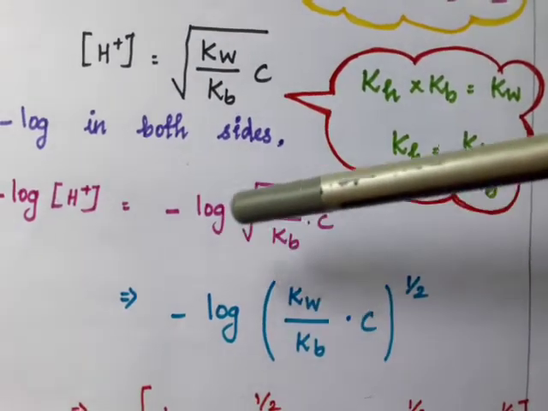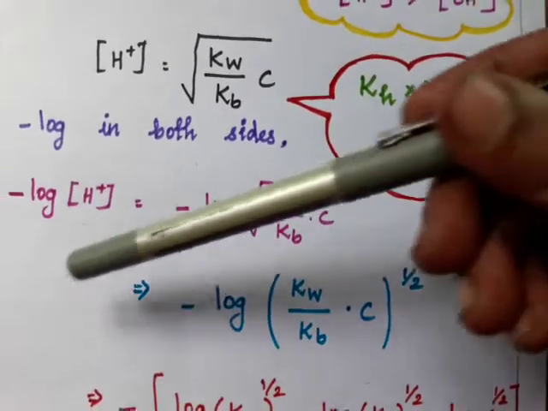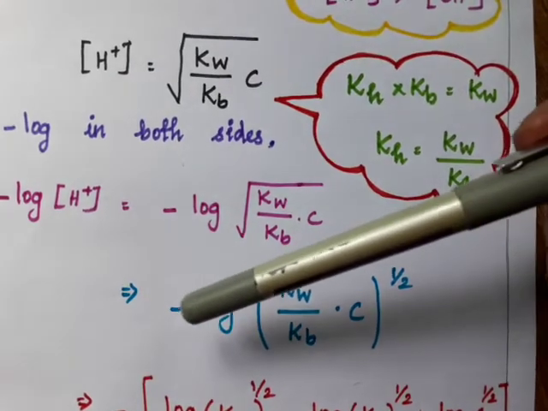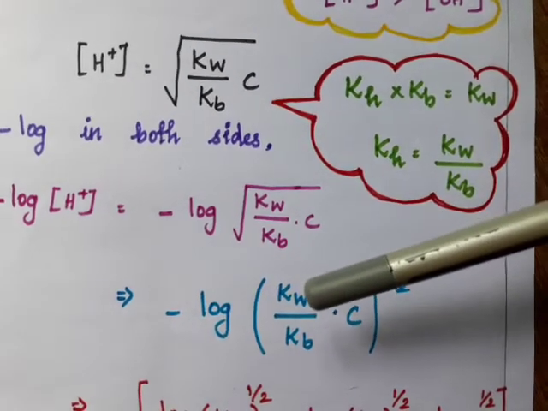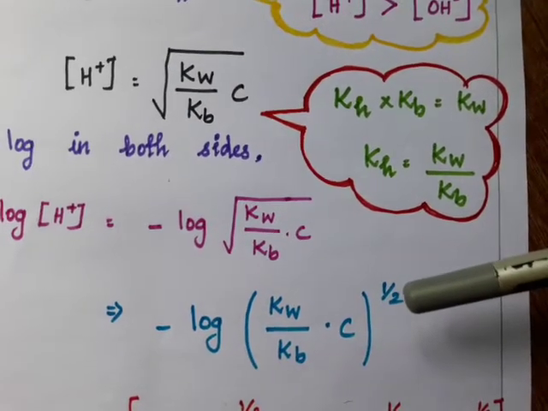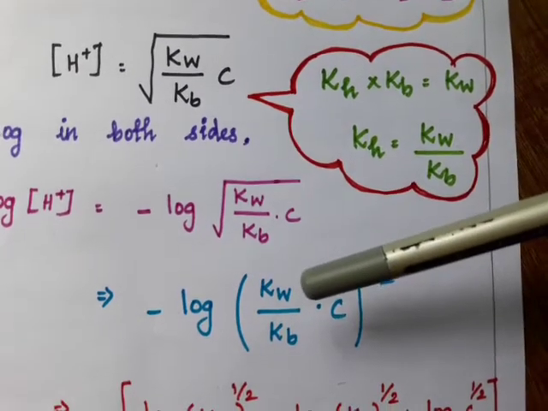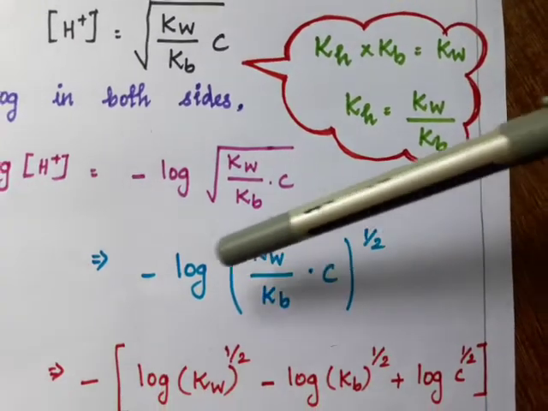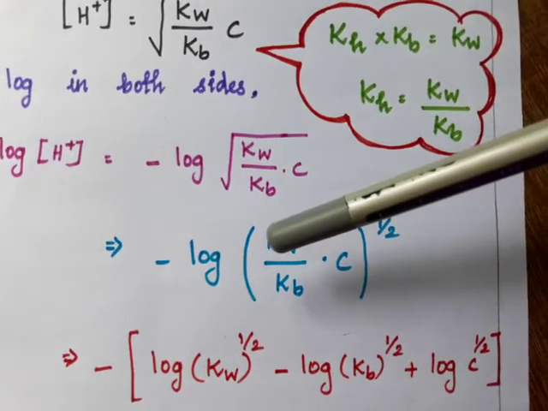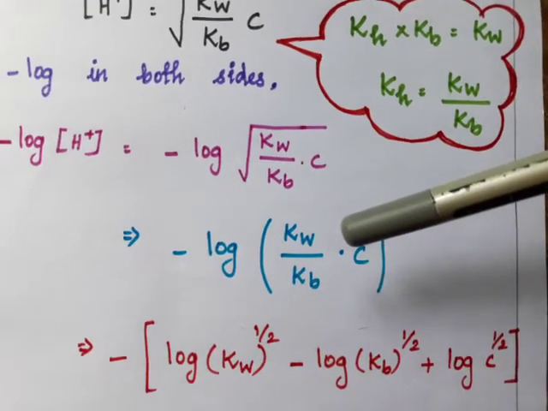So instead of this root, we can write the whole to the power 1 by 2. So minus log H plus is equal to minus log of Kw by Kb into C to the power 1 by 2. Let me write the terms separately by using the rules of logarithm, addition identity and subtraction identity.